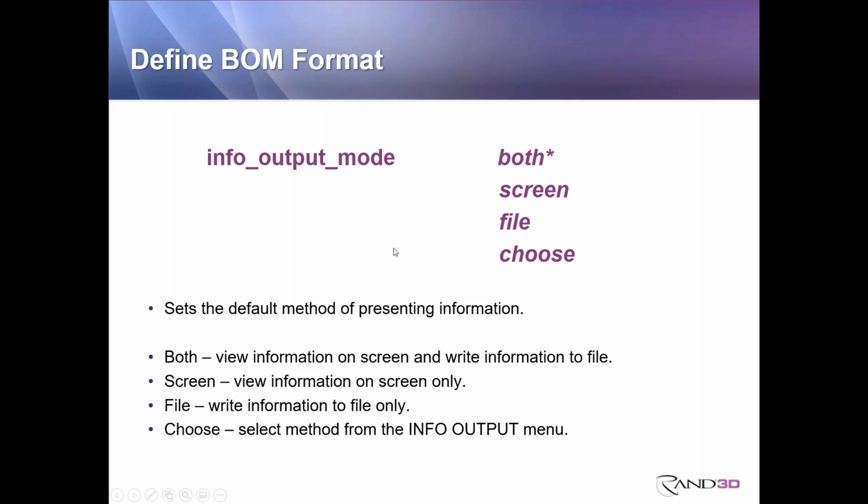And it's more than likely the setting that you have, based on that particular situation, that the software developer chose this one. With the both output mode option for your information, you are able to see the information on the screen in your browser as well as a file. Whenever you run a BOM report, if you look down in the status bar area, the output is written to a file.